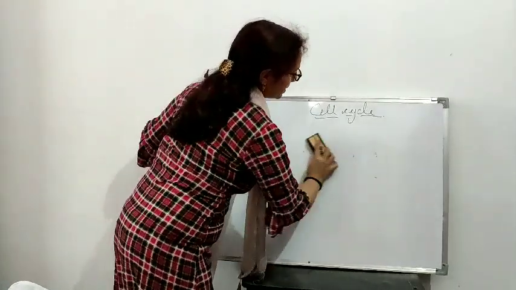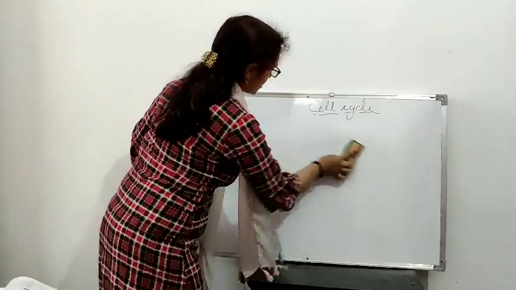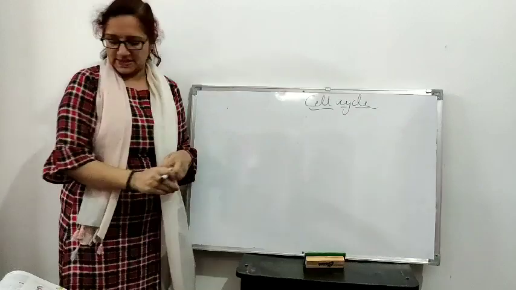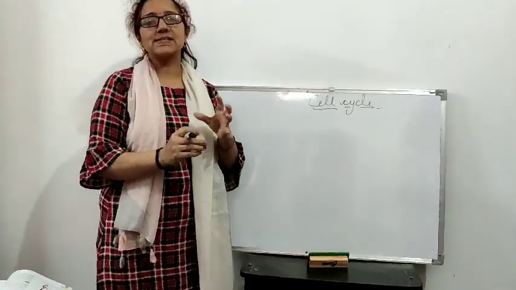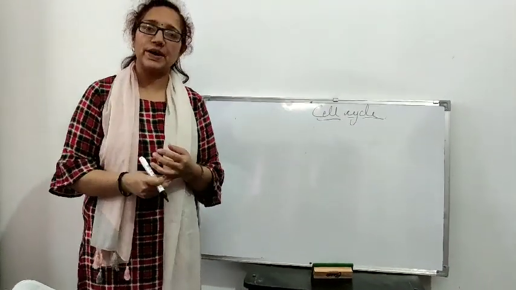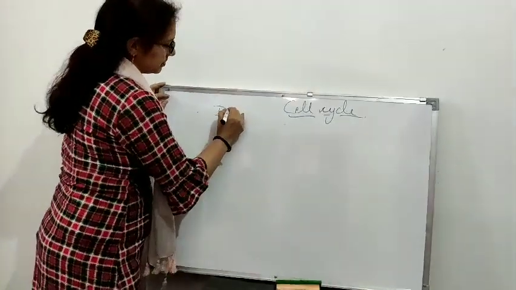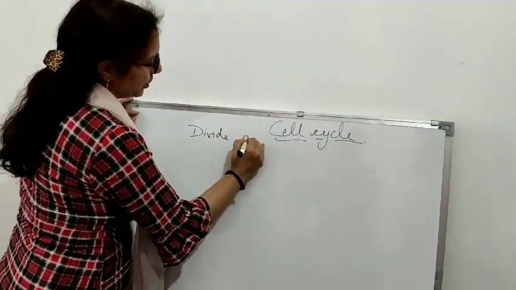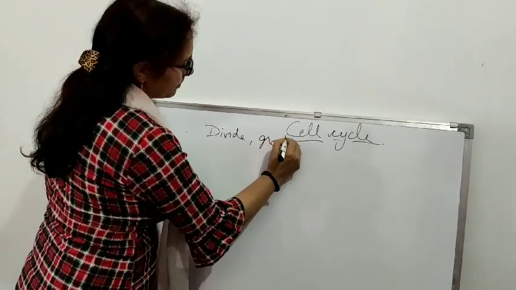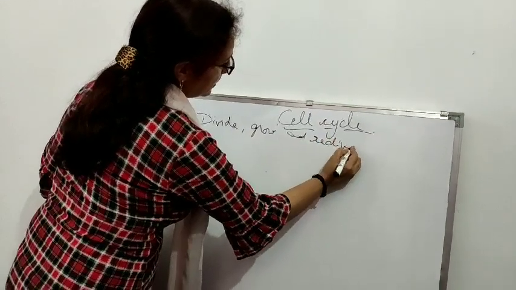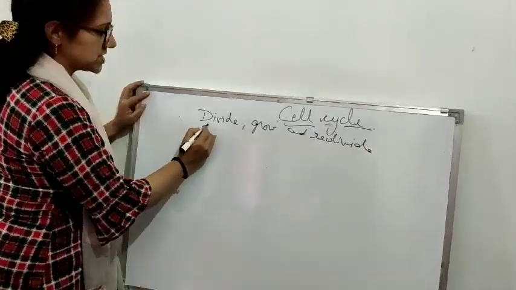So I've already written the heading, cell division. In cell division, our first topic is the cell cycle, which means the cells divide, grow, and redivide.